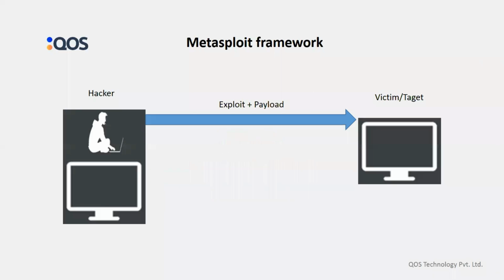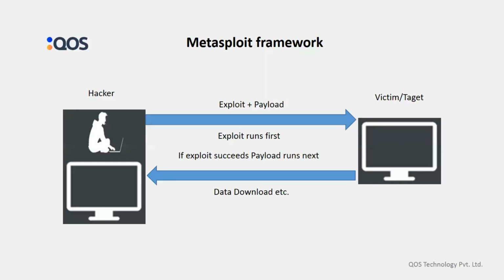includes choosing and configuring the exploit. An exploit is nothing but the code that enters a target system by taking advantage of one of its bugs. Choosing and configuring the payload is the next step. The payload is nothing but the code that will be executed on the target system upon successful entry.